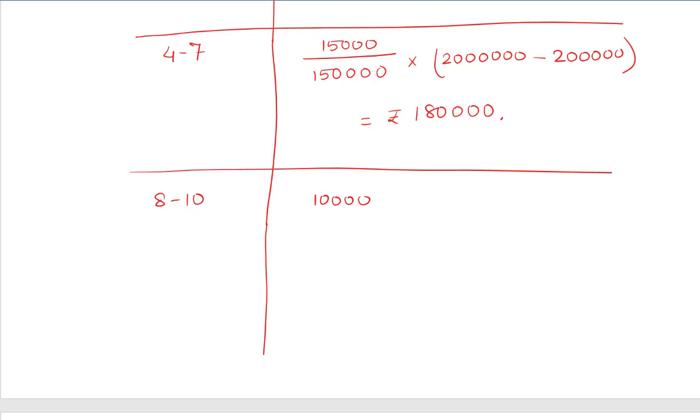So 10,000 units divided by 1,50,000 multiplied by 20 lakhs minus 2 lakhs equals, do it on your calculators quickly, 1,20,000. I believe you understood.